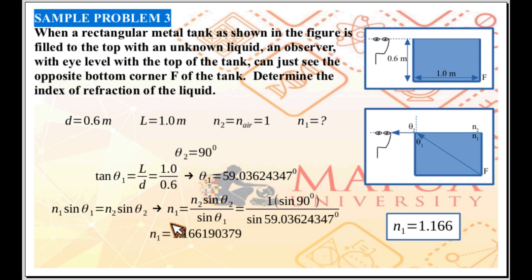Isolating n1, n1 is equal to n2 sine theta 2 divided by sine theta 1. Plugging in the values, we get the index of refraction of the unknown liquid, 1.166.